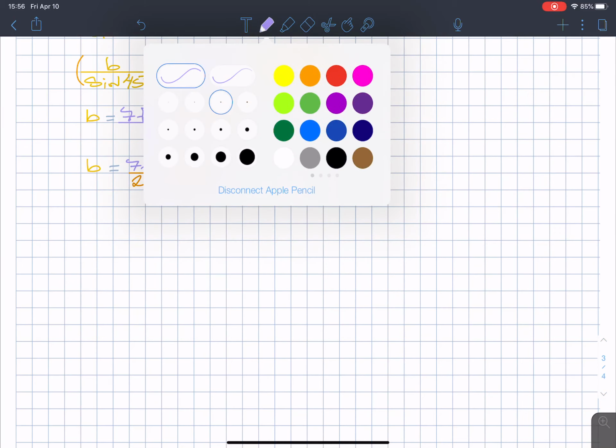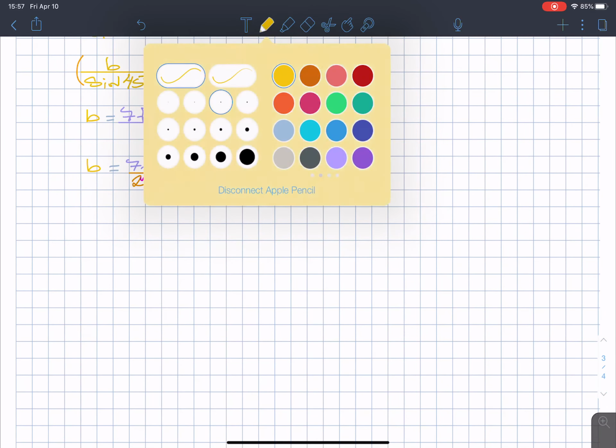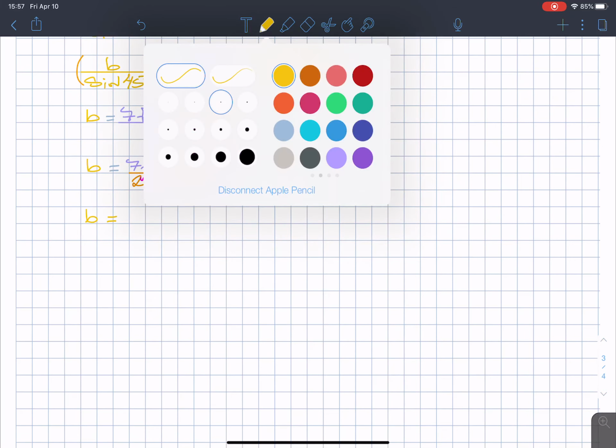Okay, so what do we have? Now that 2 goes into 4 twice. So we end up with B being equal to 7.